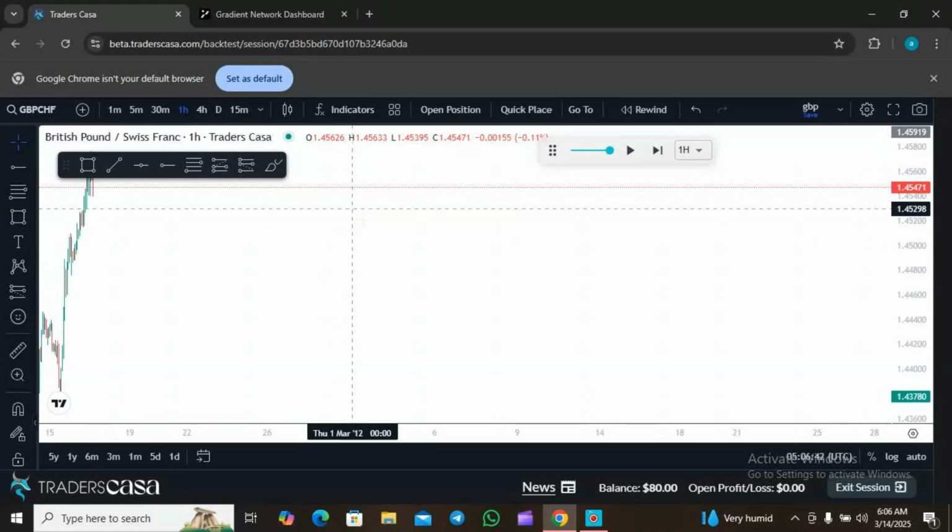Alright, so let's dive into the full details while I explain how to identify a structural liquidity with no sweep of the previous high or sweep of the previous low.